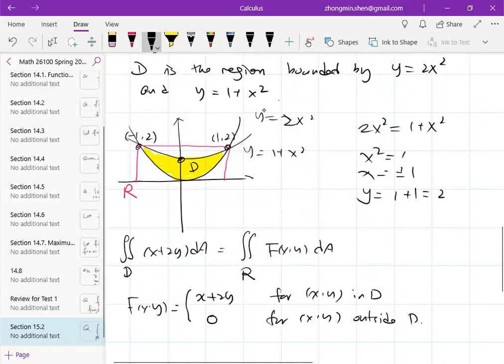So this is not a continuous function, but we still can apply the Fubini theorem. The original statement is for continuous functions, but for this function it is still okay as long as it's continuous on a closed, bounded domain.